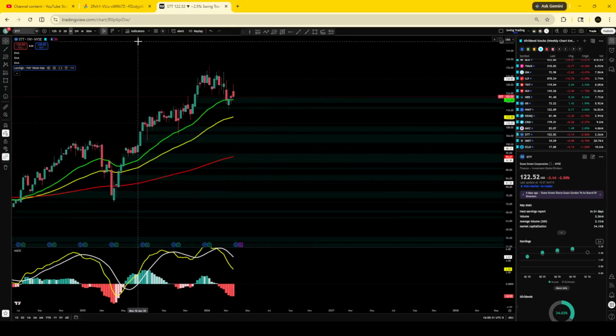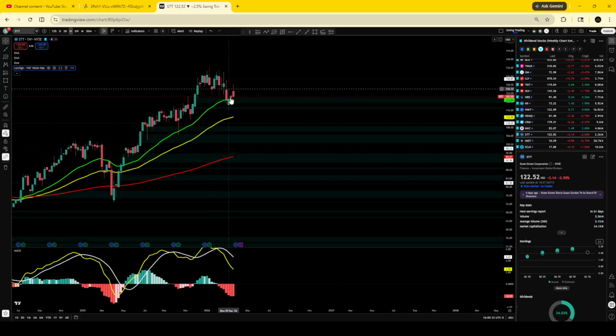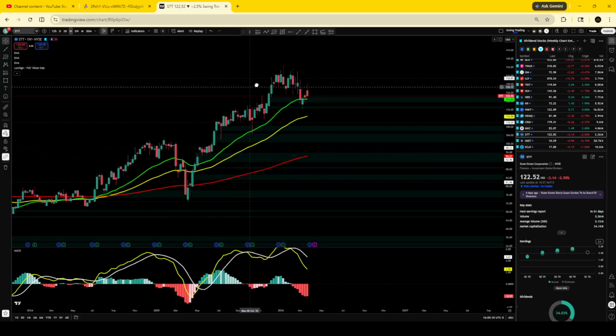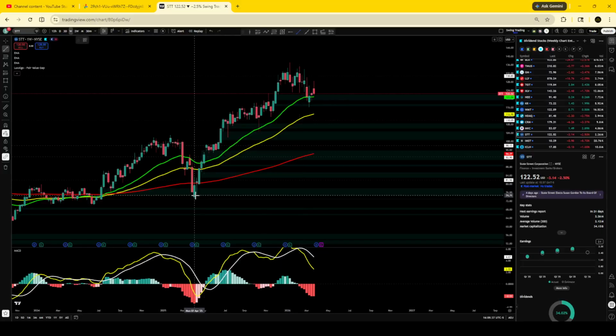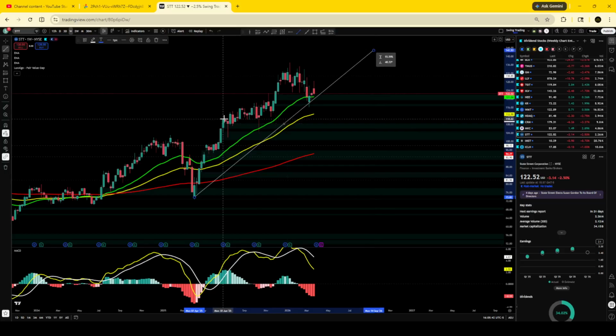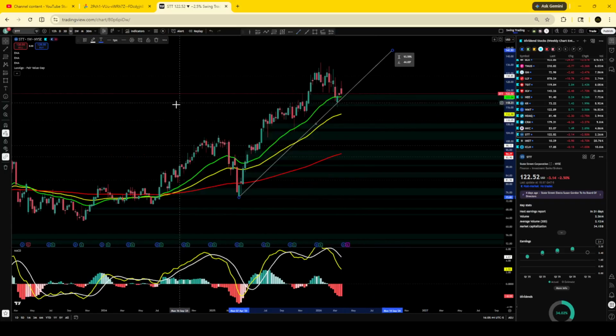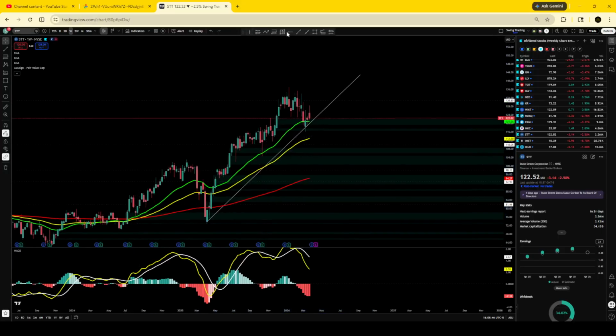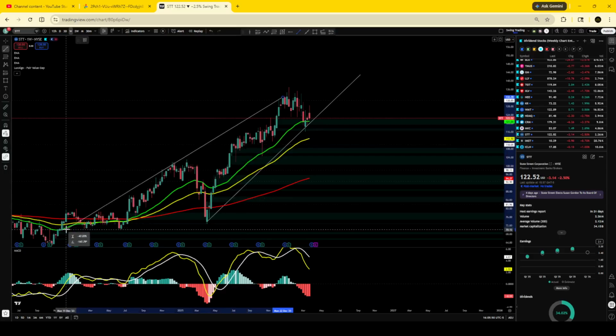Now, well, what do we have here? I thought this looks like a flag or a falling wedge right there. Now what I can do is continuously draw my support and resistance lines, in other words, my trend lines. Let's see.